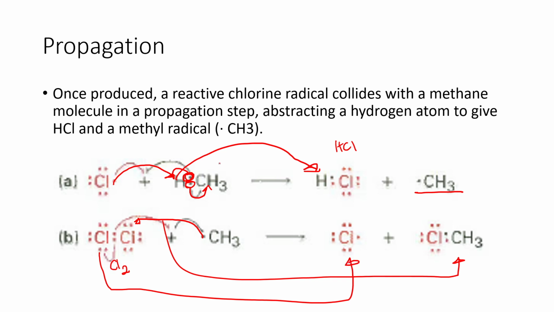Okay, so similar to the first reaction, this radical now abstracted one atom, which is chlorine, to form your chloromethane, while the chlorine left becomes another chlorine radical. So this step can be repeated multiple times, and this is actually your chain reaction.